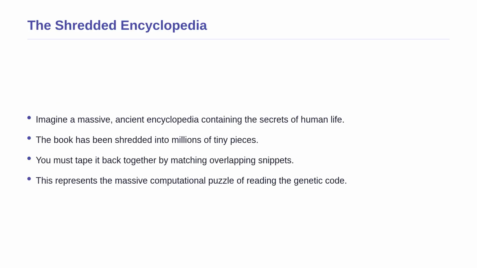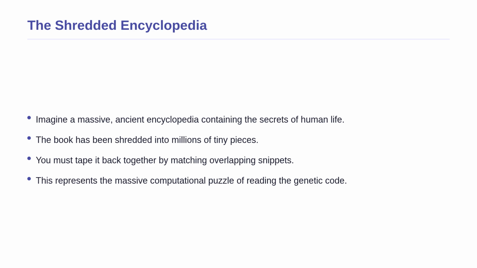To truly understand the challenge of sequencing the human genome, imagine you have a massive, ancient encyclopedia. This book contains all the secrets of human life. But there is a catch. It has been shredded into millions of tiny pieces. Your job is to tape it back together to read the story.